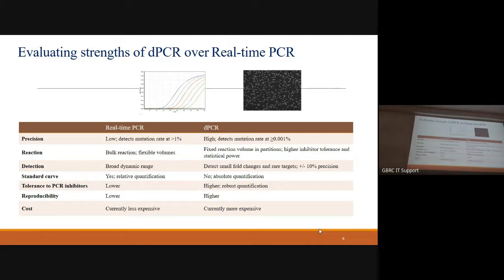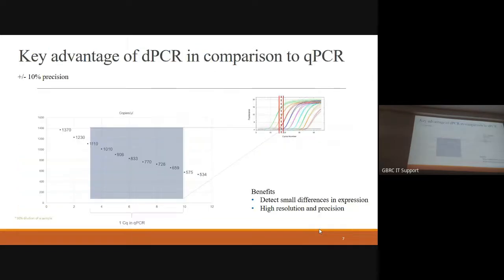PCR inhibitor tolerance is different. If PCR inhibitors are present in your reaction when performing RT-PCR, your PCR reaction will not go and it will be inhibited. Here, because it is dividing into so many minute reactions, the tolerance to PCR inhibitors is much higher. And if you talk about reproducibility, it is higher in digital PCR. But yes, real-time PCR is less expensive than digital PCR.